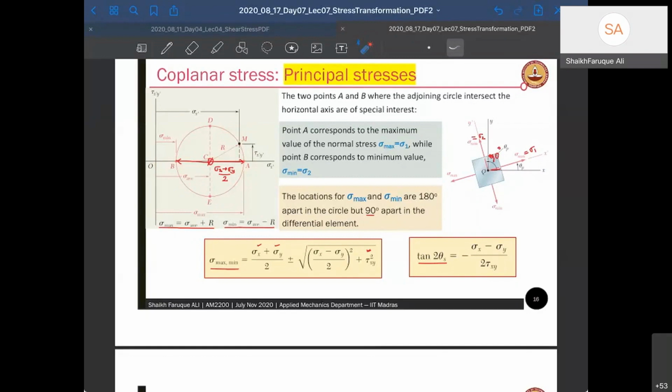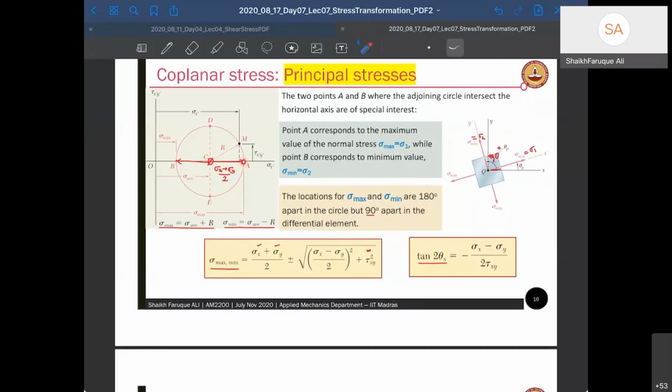So if this is your normal axis, that means your sigma x and sigma y, tau xy, this is the value. So this is your 2 theta p, right? 2 theta p is this orientation angle for going to your principal axis. So this angle divided by 2 will give you the orientation of your maximum stress, the principal planes.